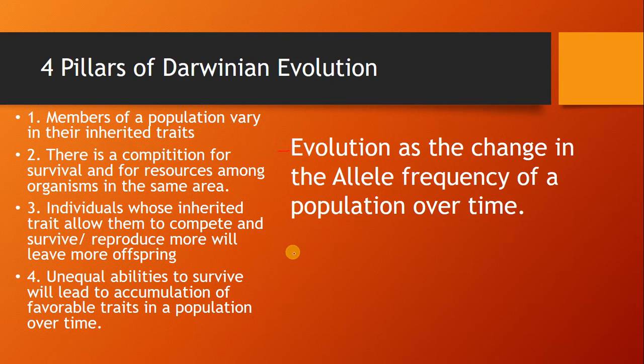And the main driver is natural selection via mutation. So mutation is the big cause of genetic variation outside of meiotic and sexual recombination. Mutations create genetic variation to allow natural selection to work upon.